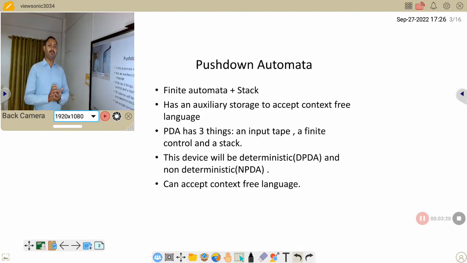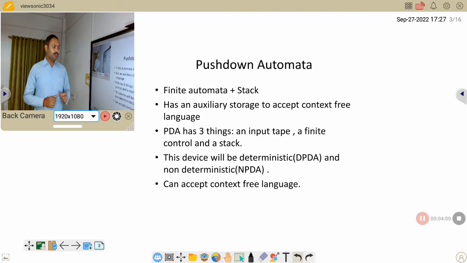Another point we have to memorize is that the language accepted by pushdown automata is context-free language. Context-free grammar can generate context-free language, and this context-free language can be accepted by pushdown automata. Pushdown automata mainly has three things: one input tape, one finite control and a stack. What is the input tape? It is a tape which can hold an input string or combination of input symbols.